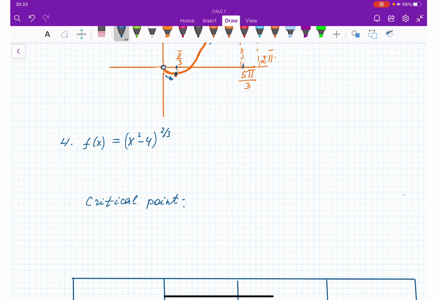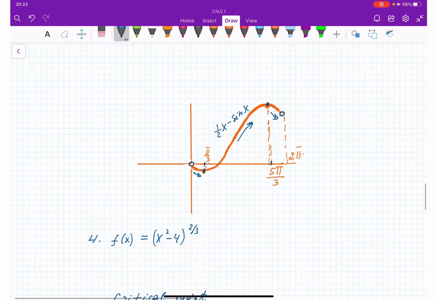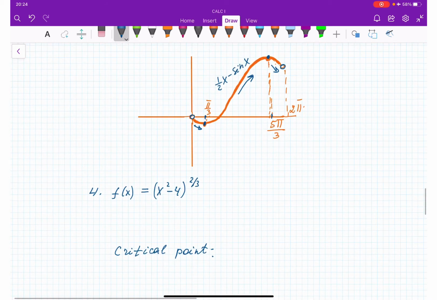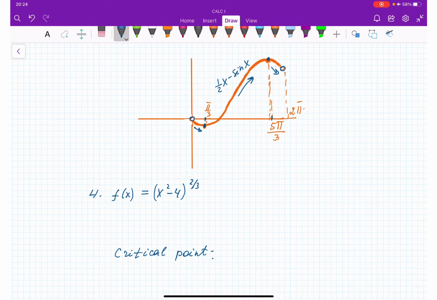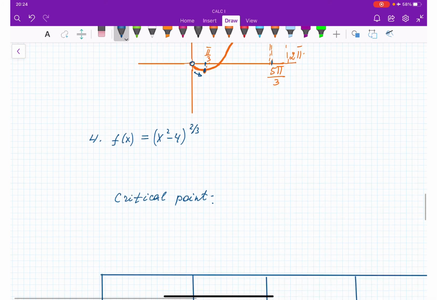And then we will also explore where the relative maximum and relative minimum are, and so on. Based on the first derivative test, we can clearly see the relative extrema, relative maximum, relative minimum.